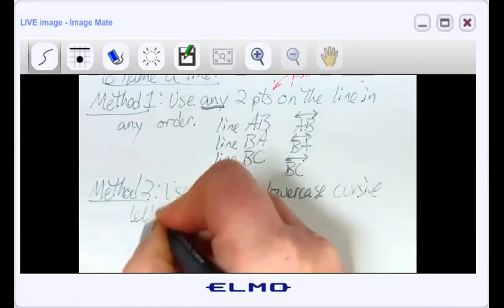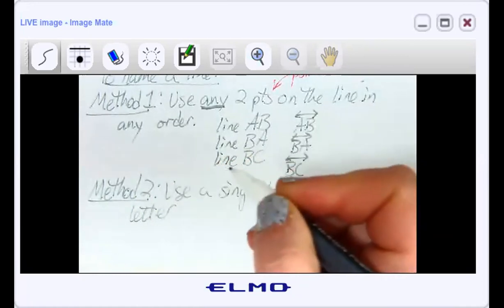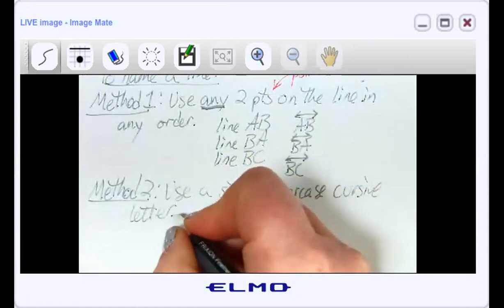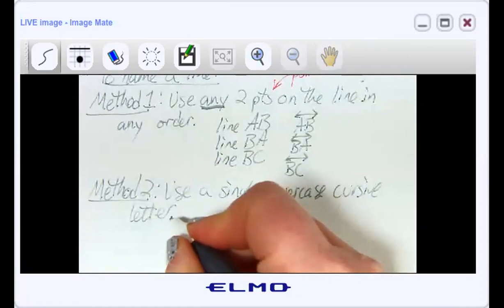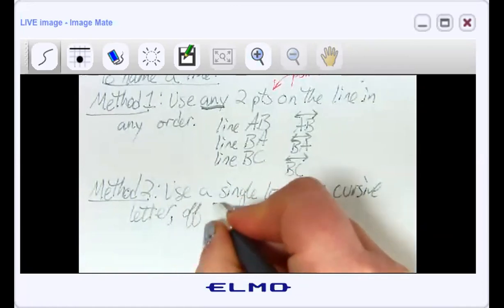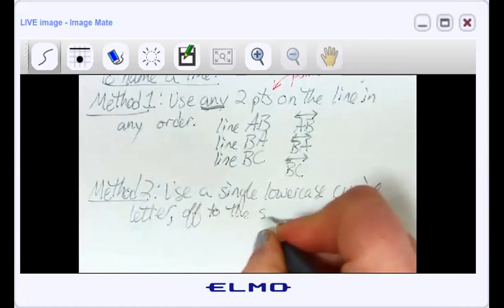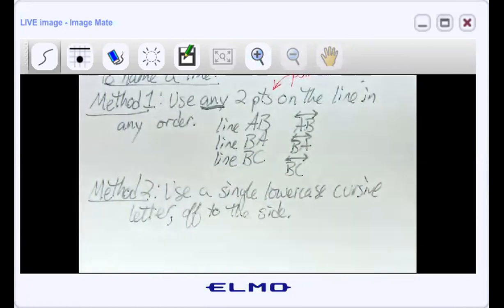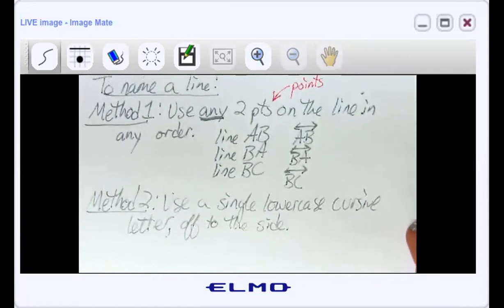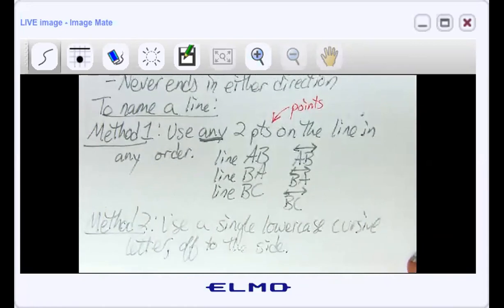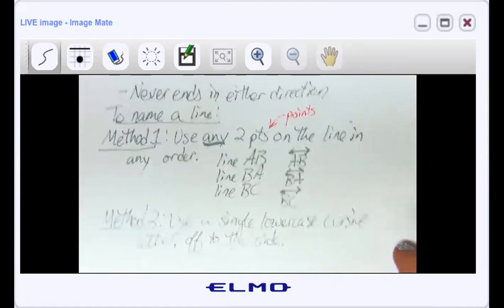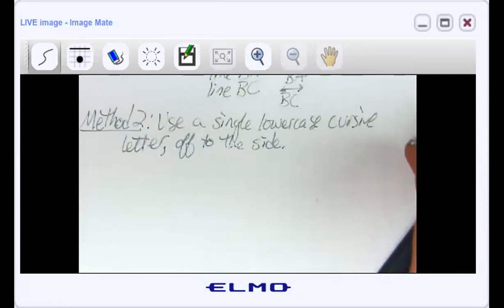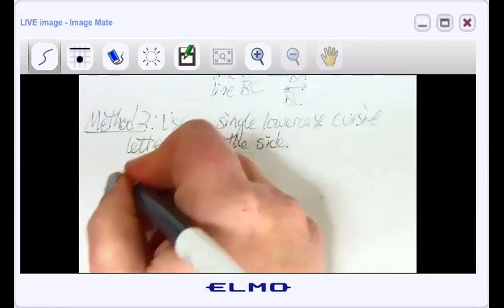Now, don't get too hung up on the cursive, not cursive, because I don't even know if you guys learn cursive anymore, right? So a single lowercase cursive letter, and I'll just add off to the side. So what you might see in a diagram, I'm just going to redraw it down here. That's fine. So I have my line.